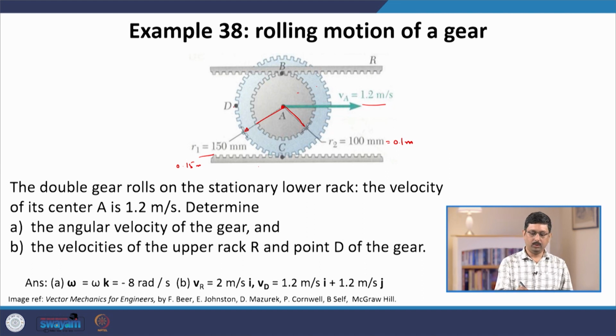Because this gear is moving, the rack on the top is also moving to the right. The rack at the bottom is fixed, the rack at the top is moving. So, what is the velocity of the upper rack R and another point D on the gear? How to solve this problem?